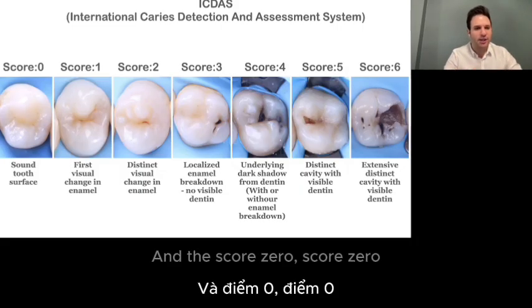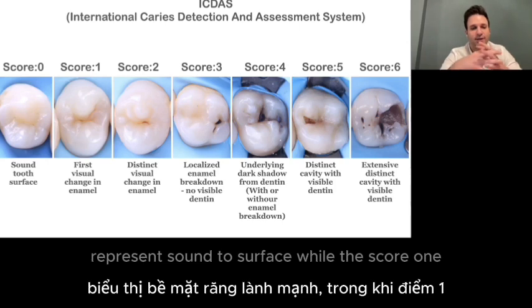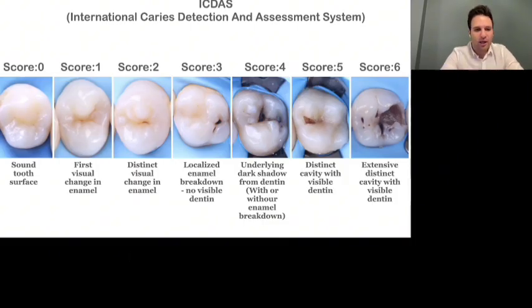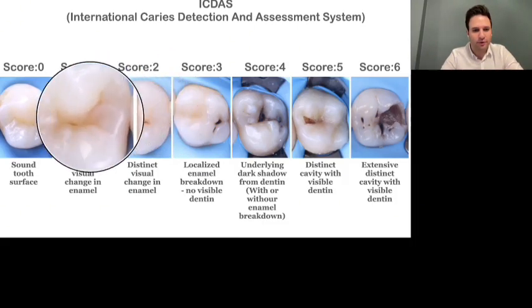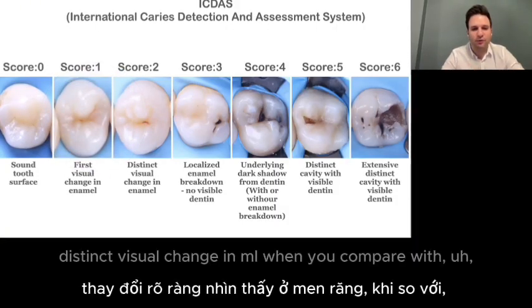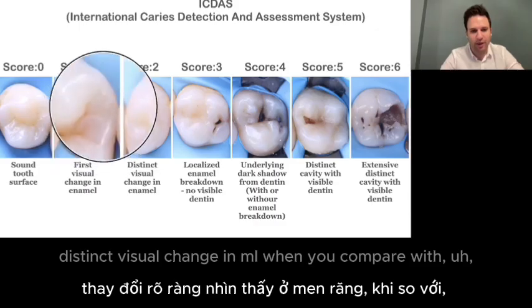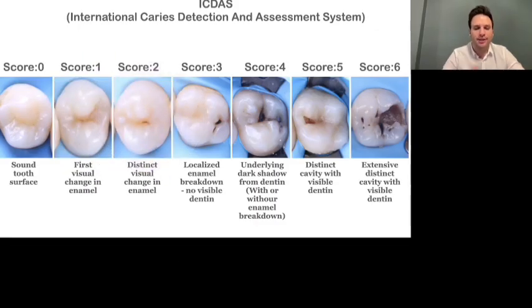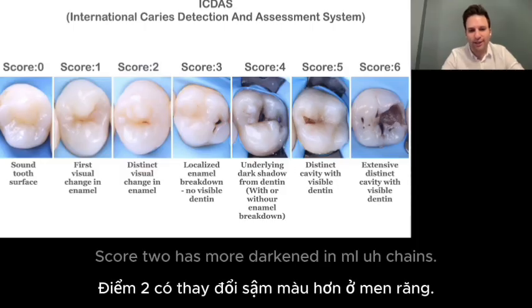Score 0 represents sound tooth surface, while score 1 represents first visual change in enamel, like here. Score 2 means distinct visual change in enamel. When you compare with score 1, score 2 has more darkened enamel changes.